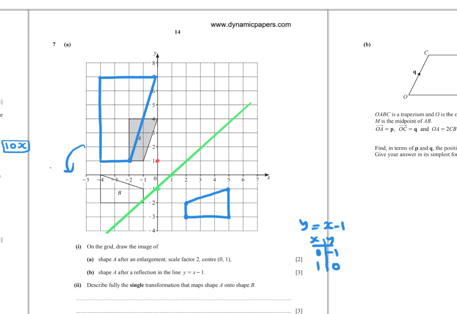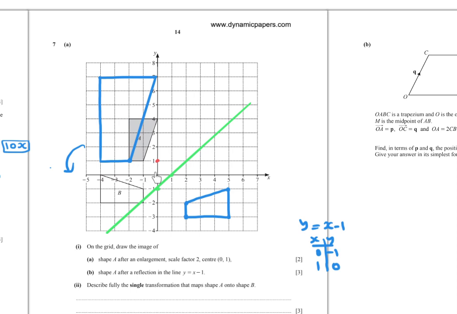We can find the center of rotation using tracing paper, using the triangle method, or you can try some points. You can try the origin, to see if it's the center of rotation or not. So this point, its image is here. If we consider that the origin is the center, to reach this point from the center, it is one left and one up. Now rotate that 90 degrees clockwise and anti-clockwise.